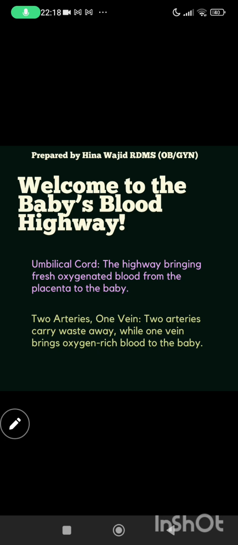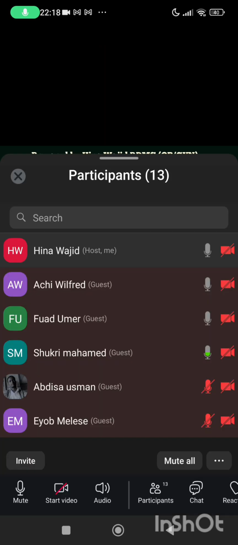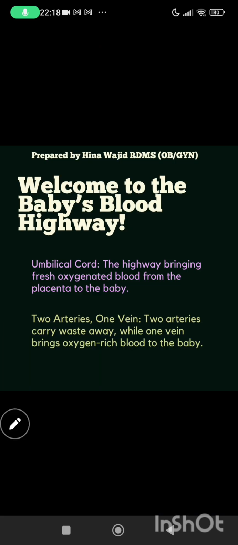Okay, how many arteries and veins are present in the umbilical cord? There are two arteries and one vein, and the two arteries mostly take the deoxygenated blood, whereas the vein is taking oxygenated blood. Exactly. So there are two arteries and one vein.